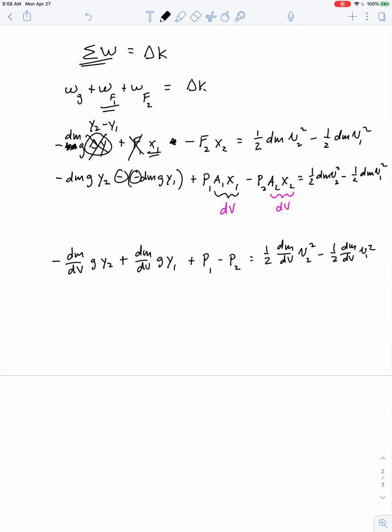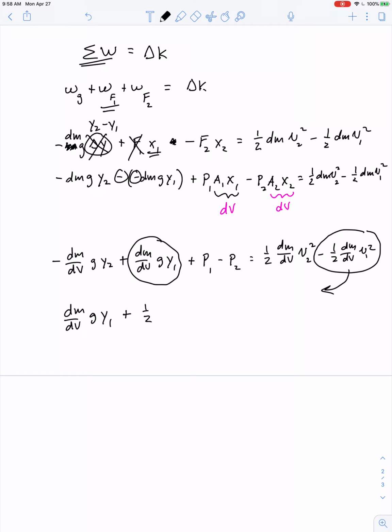Okay, let's see. I guess we can get everything with a subscript 1 on one side of the equation and everything with a subscript 2 on the other side of the equation. This would give us dm/dV g y1, plus, let's take this negative term on the right side of the equation and bring it over to the left side of the equation.